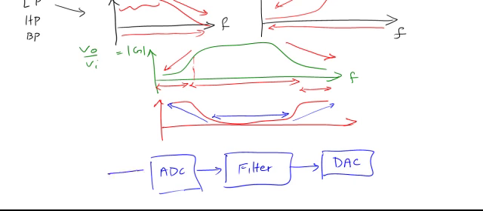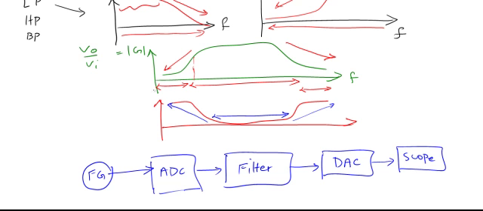The ADC is getting the signal from the function generator, and then the filter is going to filter the signal which is coming from the ADC, and the output of the DAC is going to be connected to the oscilloscope.